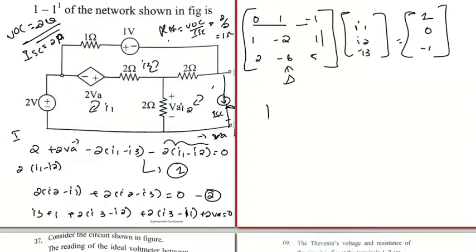So the current source here is ISC, which we have found out it is 2 ampere, in parallel with the resistance, which is our RTH. Okay, so this is our answer.